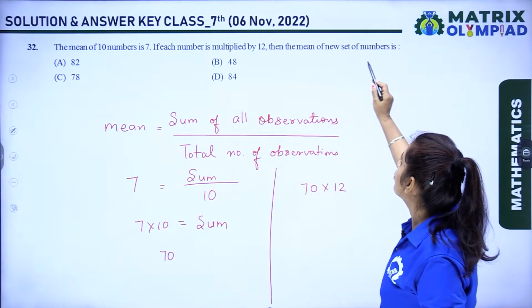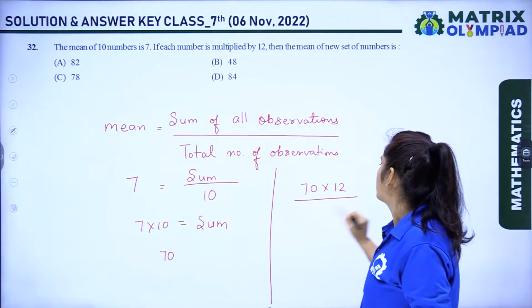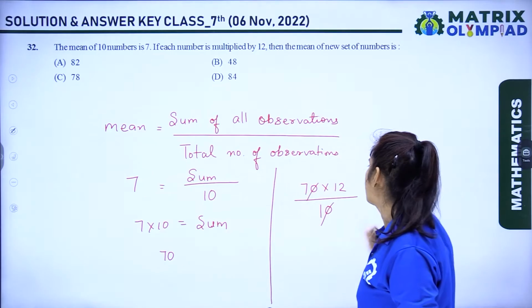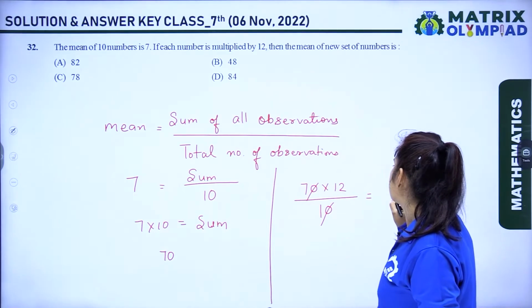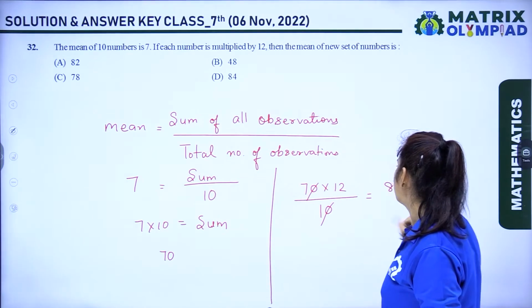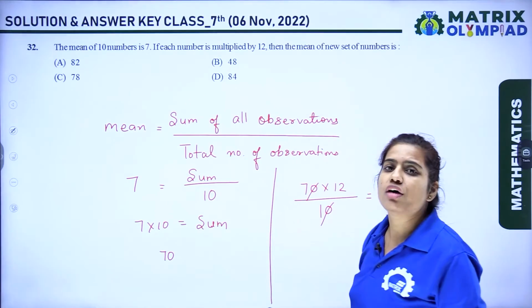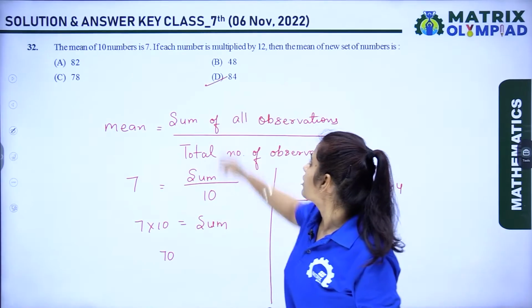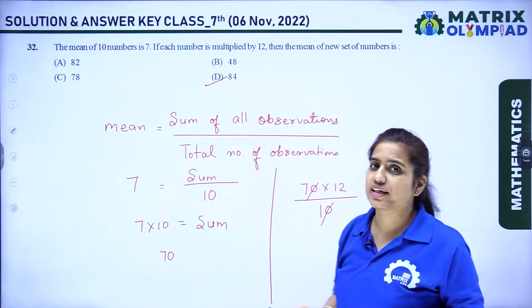Then the mean of the new set of numbers is, the total number of observations is 10 only. Now 12 multiplied by 7 is 84. So the new mean of the numbers is 84. So option D is the correct answer.